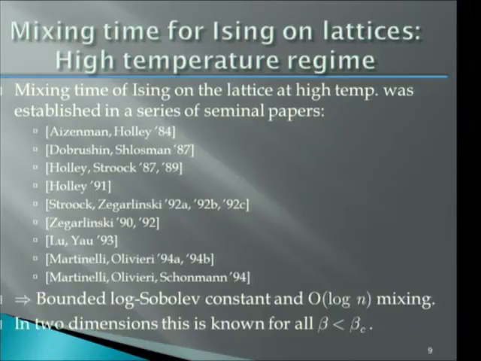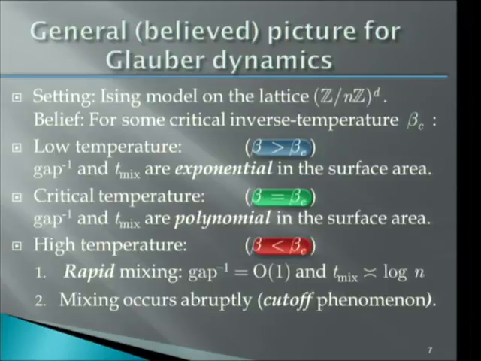And notice, for instance, that in this slide, this is just to illustrate this point. The fact that T mix is log n, or in discrete time, I don't know, it's n log n, is not implied by the fact that the gap is uniformly bounded.